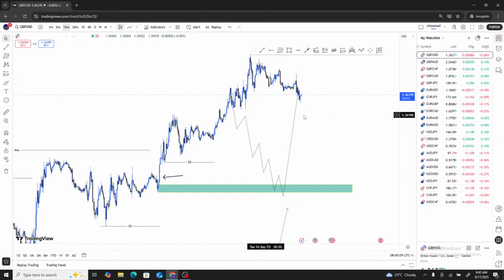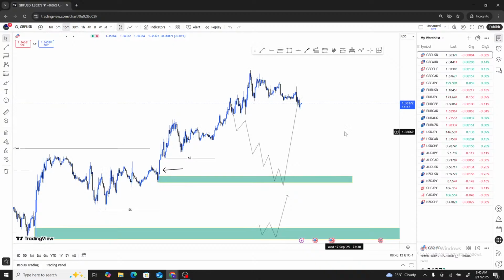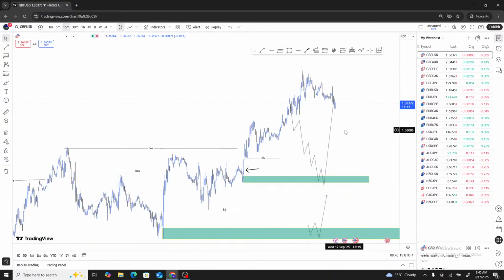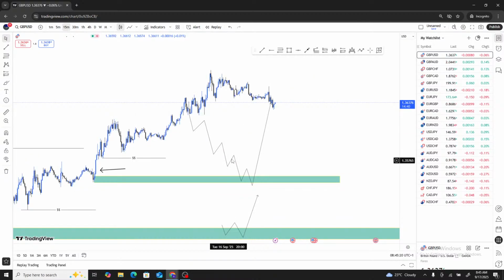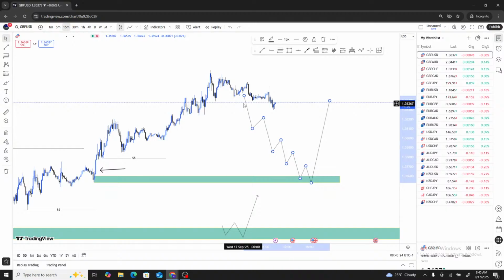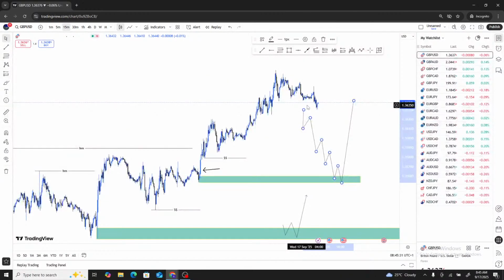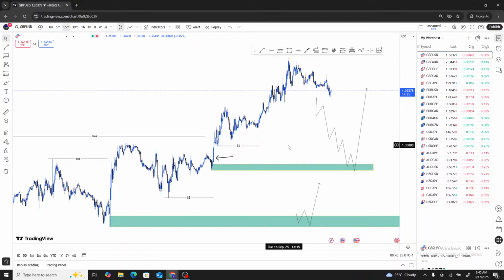GBP USD is a pair we analyzed yesterday, and looking at everything, we hope price comes to this downside, to this other block, for price to get to the other block and give us a confirmation entry and push to the upside. So that is it for GBP USD. It's still on a massive uptrend.